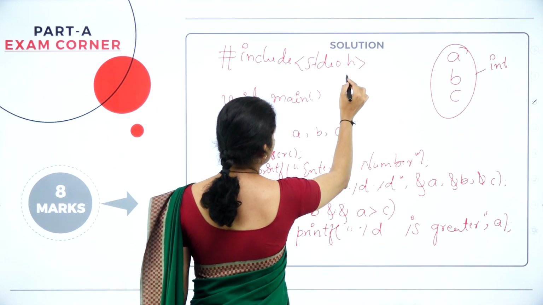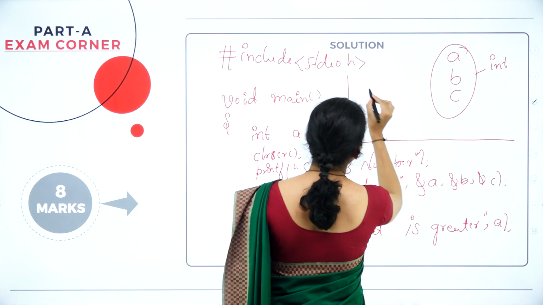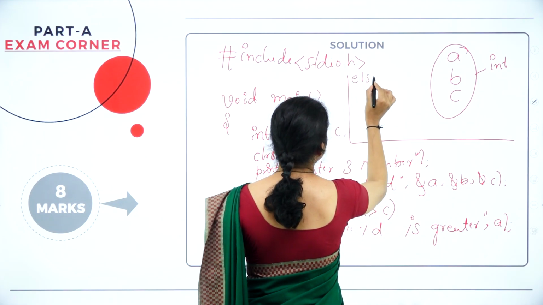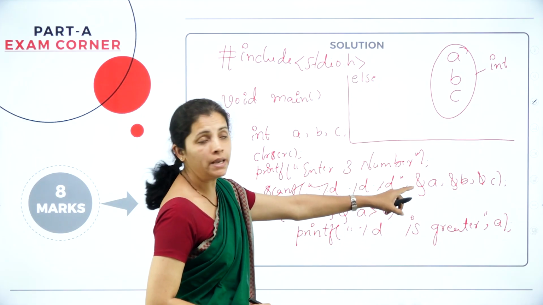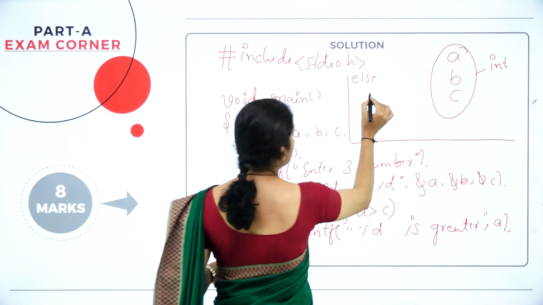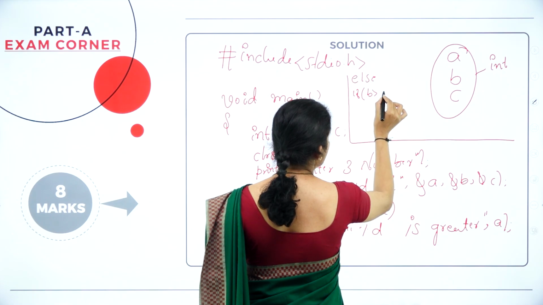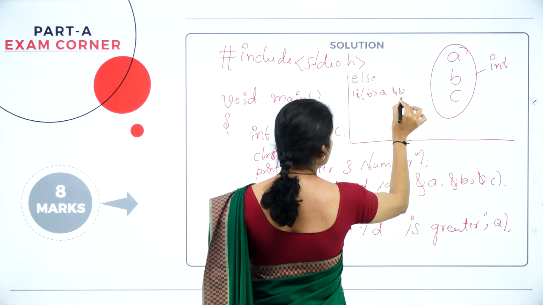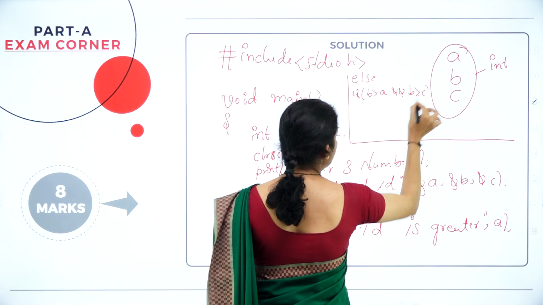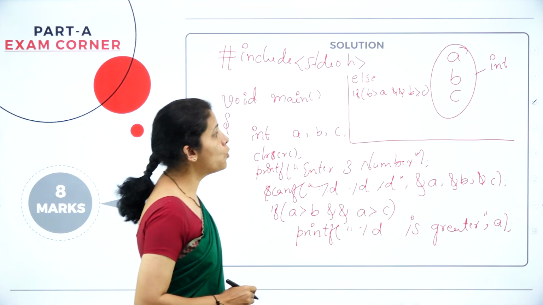Else, I want to check B. Else if B greater than A and B greater than C, if this condition is true, what I want to do?